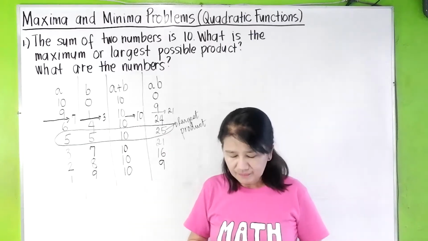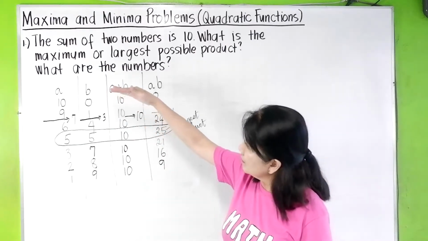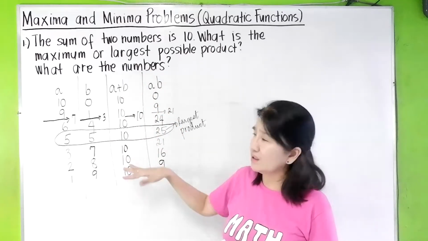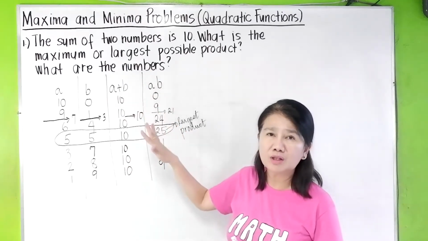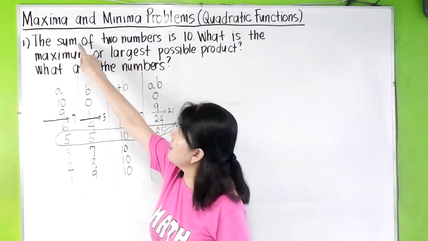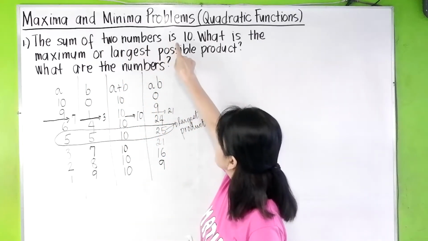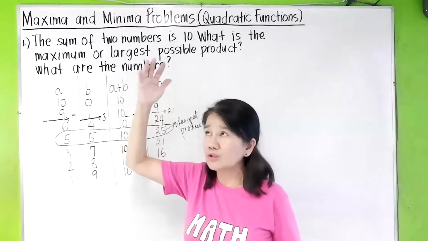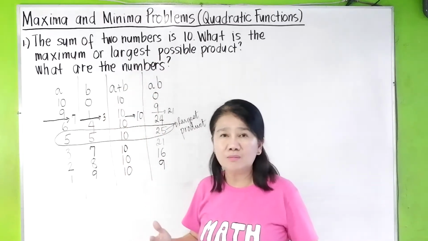But we cannot always go on like this, using a very long way, tabulating all the possible numbers. Because what if the problem is asking for the sum of two numbers which is, let's say, 100? You will have so many numbers in the table.